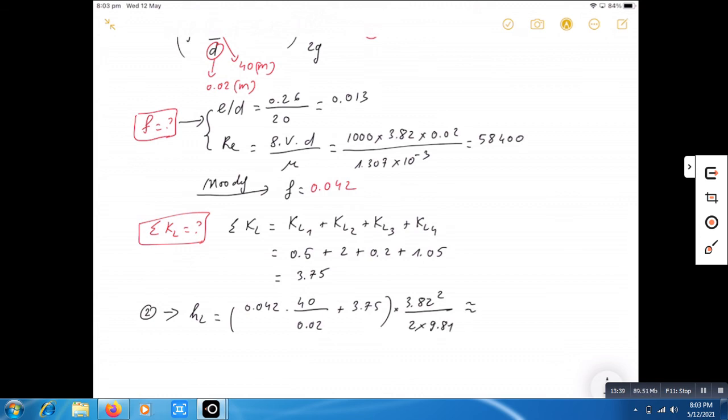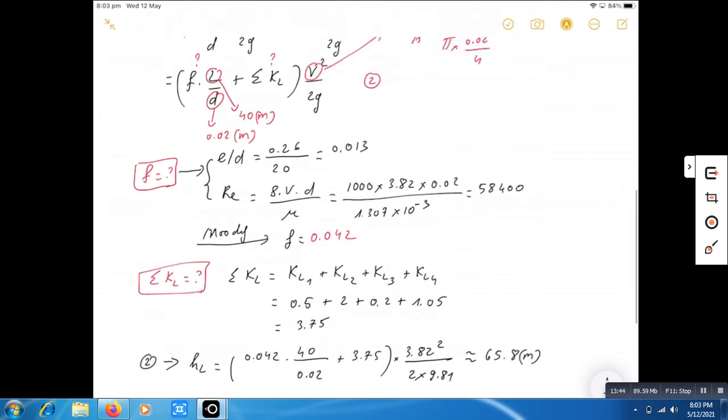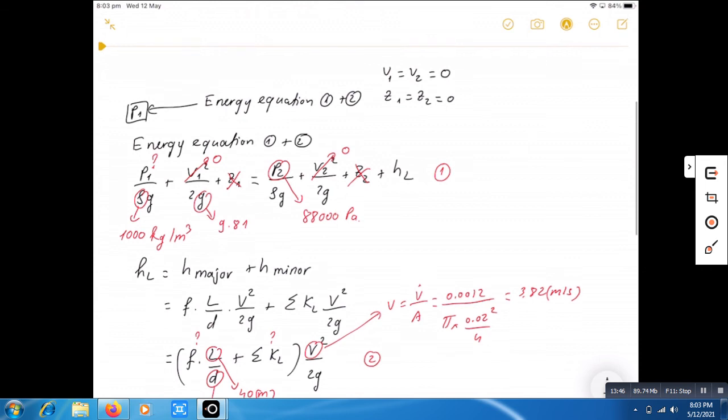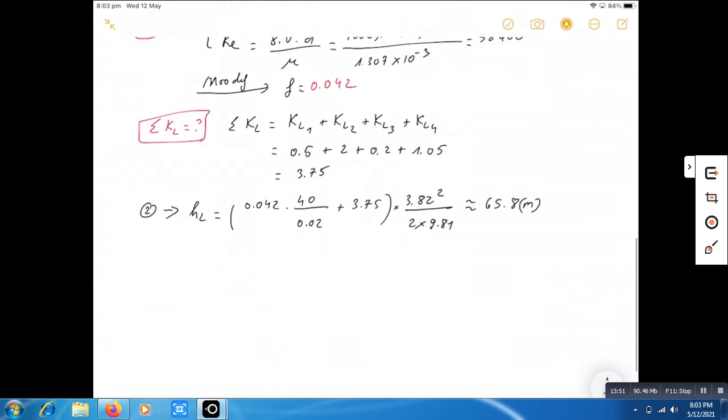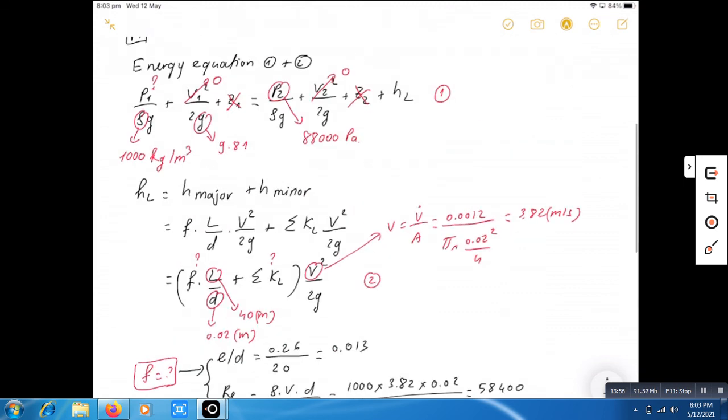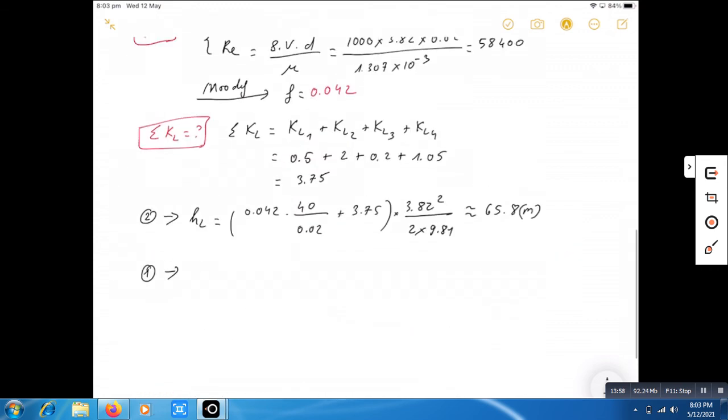Okay, so now that you have SL, based on equation 1, when you move rho z to the right-hand side, you will have P1 equal to P2 plus rho g SL, which equals P2, 88,000, plus rho 1,000 times 9.81 times 65.8.